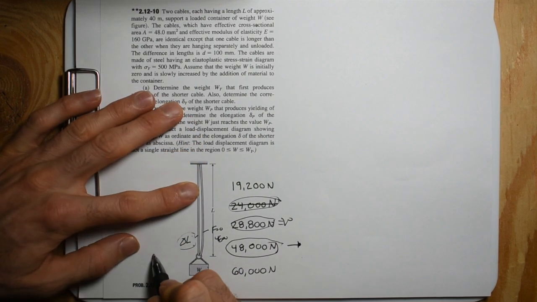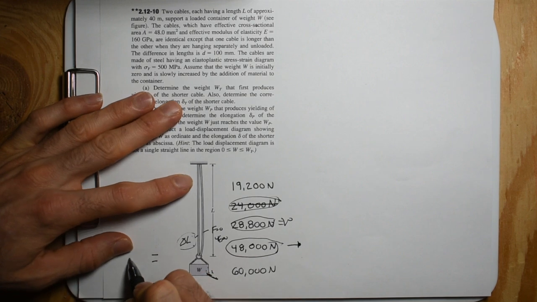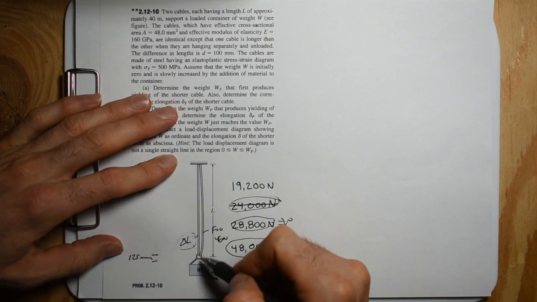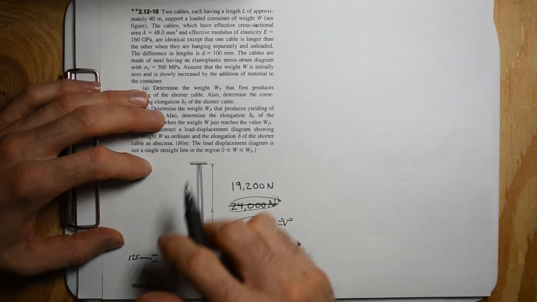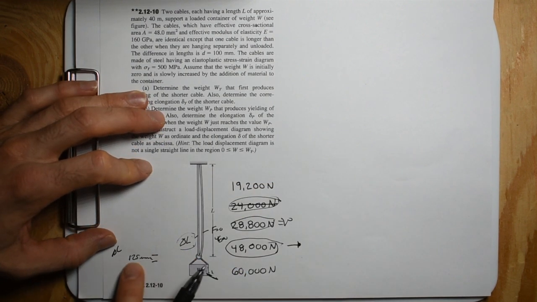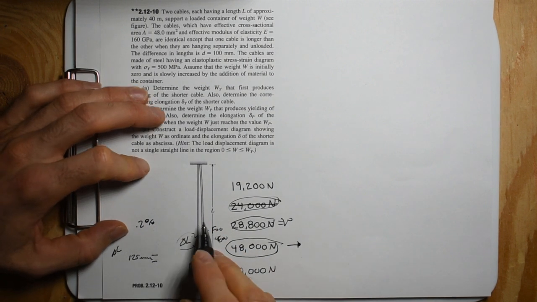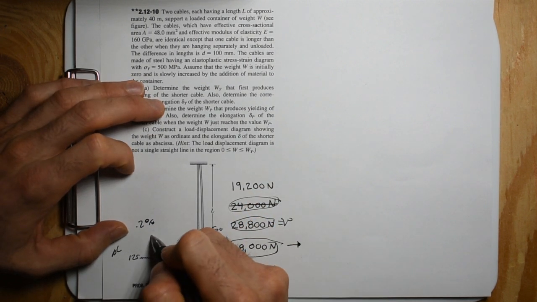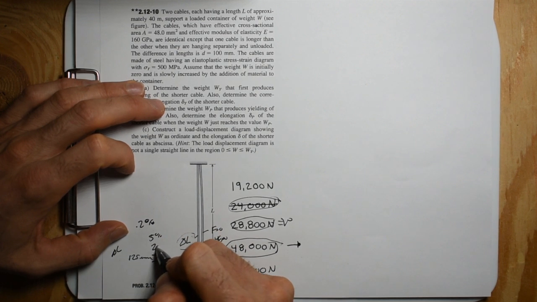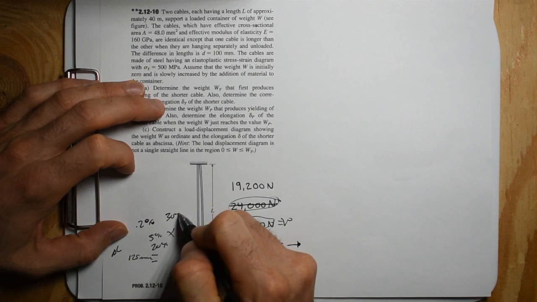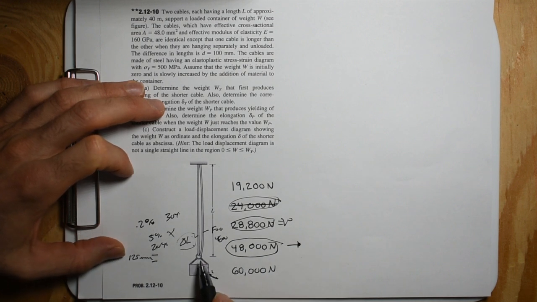Now, I will add this. The change in length, we're talking a change in length of 125 millimeters for a 40-meter length. Well, elastic change in length, for even up to yield, is a very small quantity. It's like 0.2% for a lot of steel, and especially cables, we could easily stretch 5%, if not 20%, before these cables will break. Maybe even 30% before these cables will break.